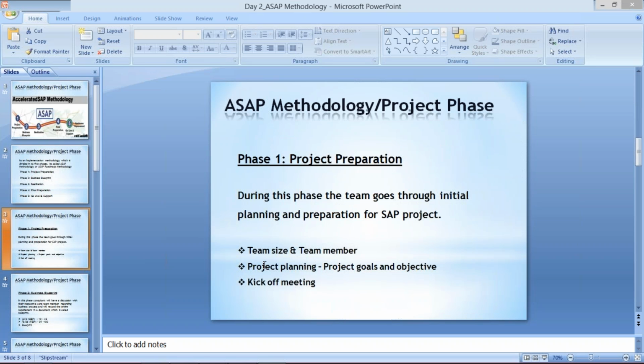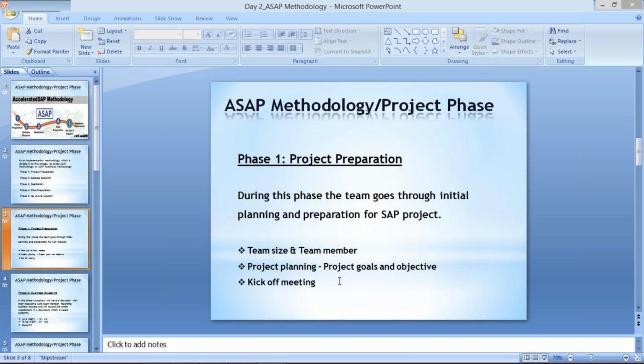So what is happening in the first phase? First of all, whenever a project manager reaches the client place or client location, he is going to perform these three activities.